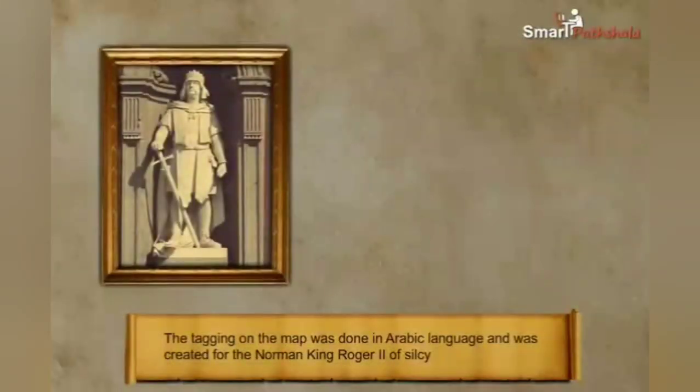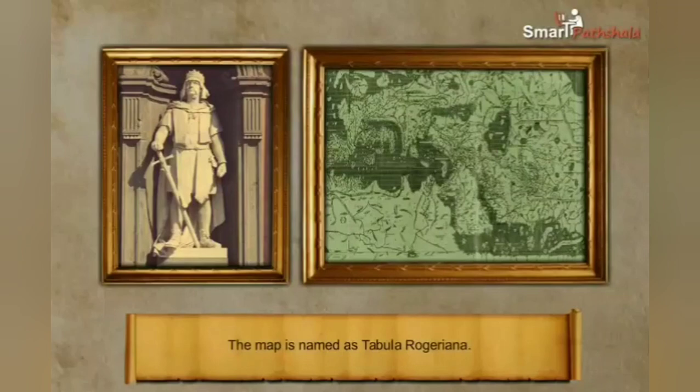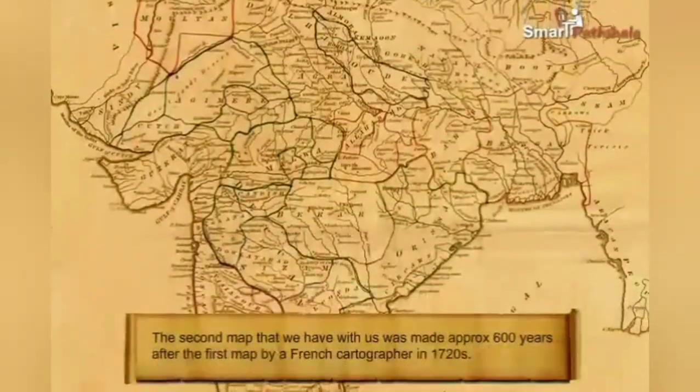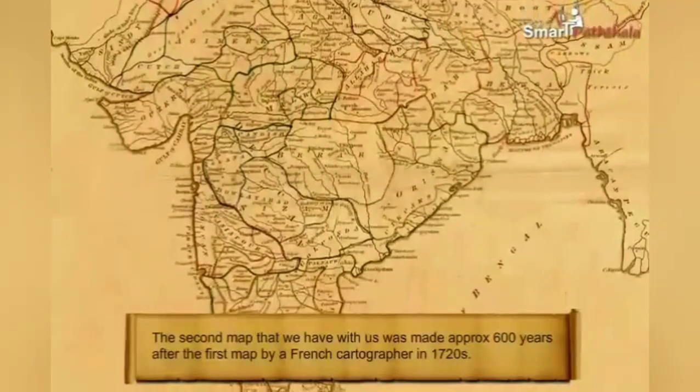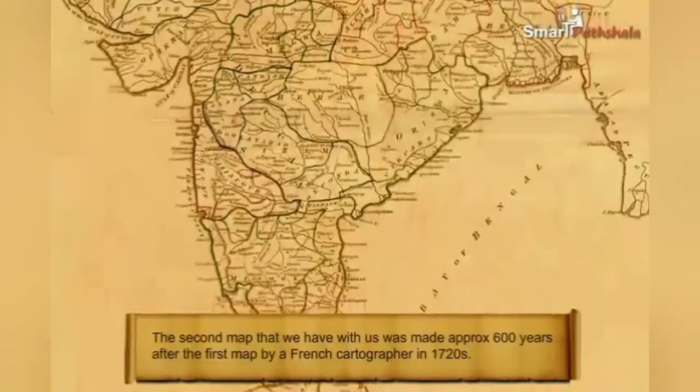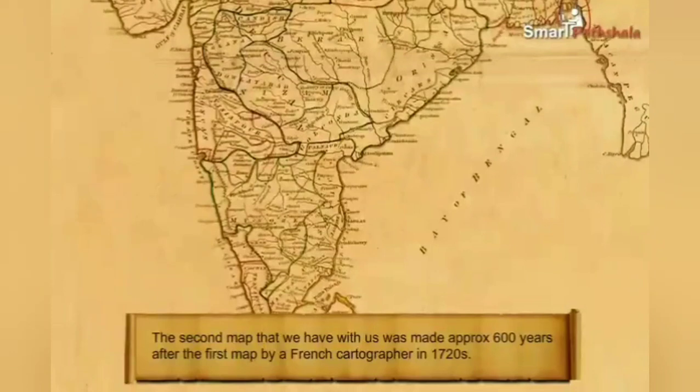The tagging on the map was done in Arabic language and was created for the Norman king Roger II of Sicily. Also, the map is named Tabula Rogeriana. The second map that we have with us was made approximately 600 years after the first map by a French cartographer in the 1720s.